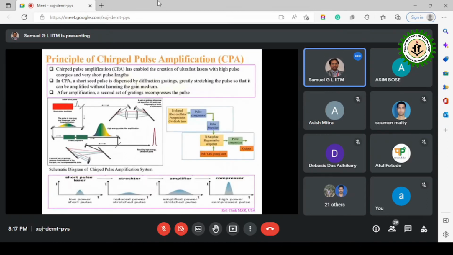Then there is one more interesting phenomenon which is called chirped pulse amplification technology. Why we need this technology is that we need to pump a lot of energy into the pulse. Then only will we be able to remove the material.